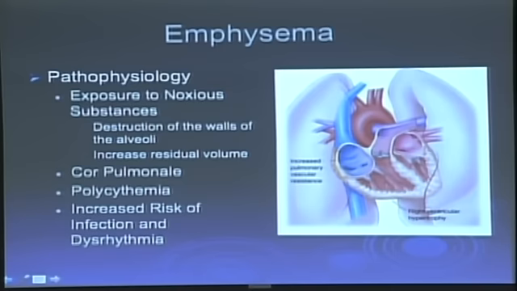So with cor pulmonale, they have increased pulmonary hypertension, and they show all the signs of right heart failure, which are jugular venous distension and increased venous pressure.